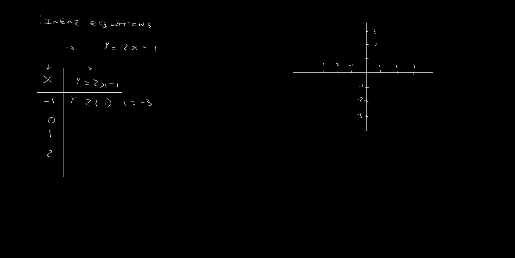Let's try and put this point in our plot. So the point (x, y) here would be (-1, -3).